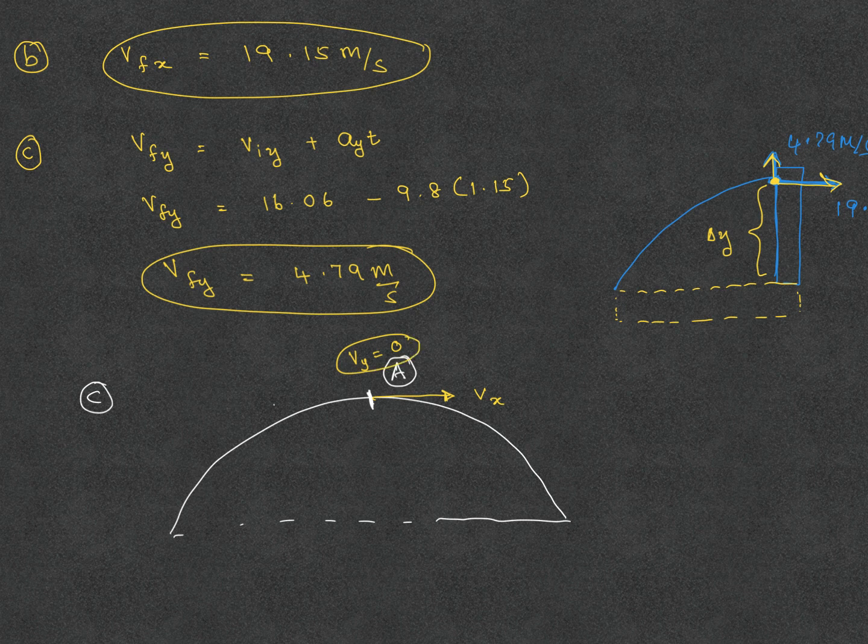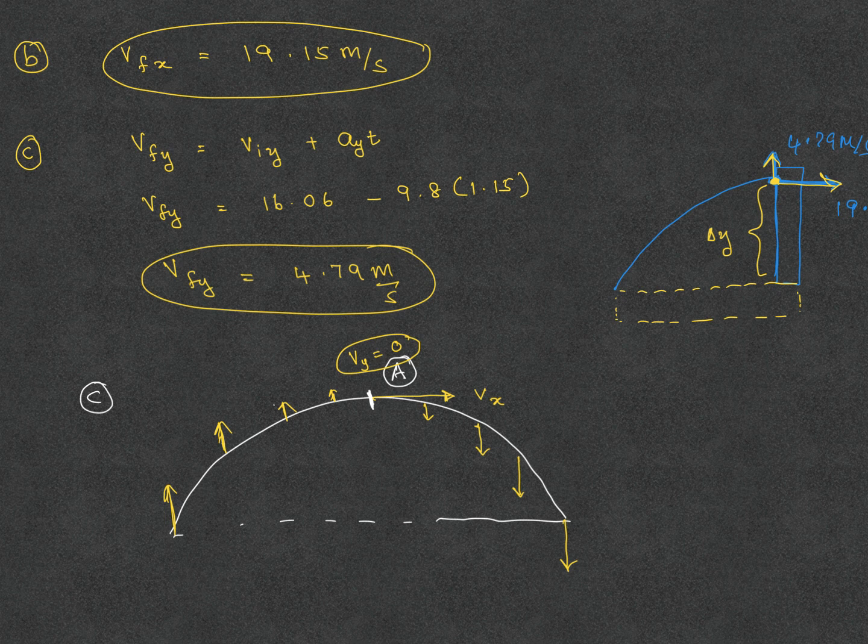Right after this point A, the y component velocity direction switches, and now it is pointed in the negative direction, but of course the arrow size grows. Coming up, the arrow size went down, indicating that the velocity is going down.